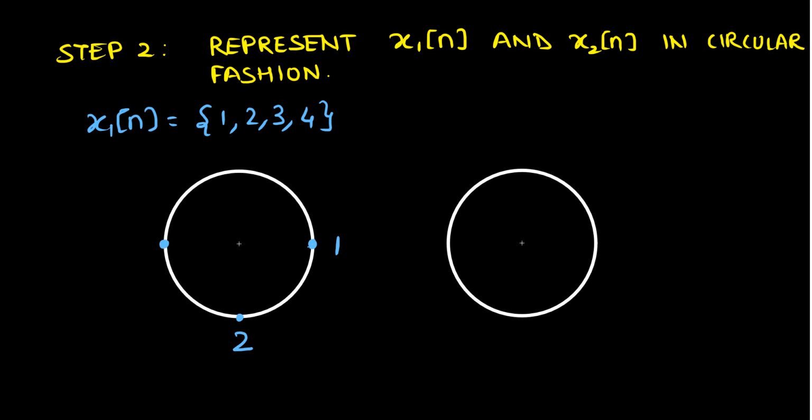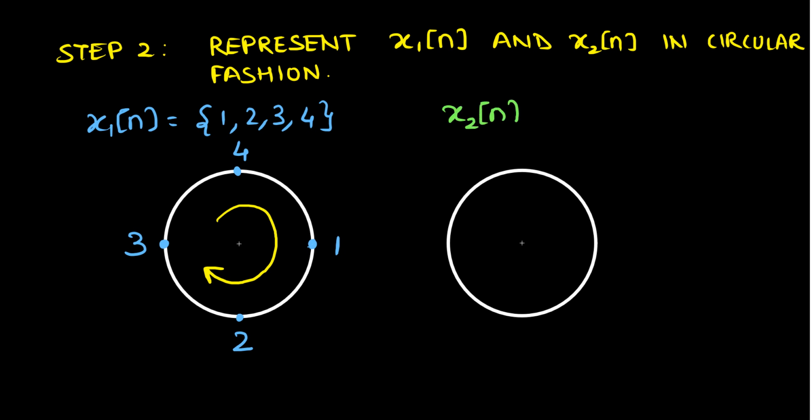Then x1 of 2 is equal to 3, and this x1 of 3 is equal to 4. So we have considered this as the increasing direction of n, and this is the circular representation for x1 of n.